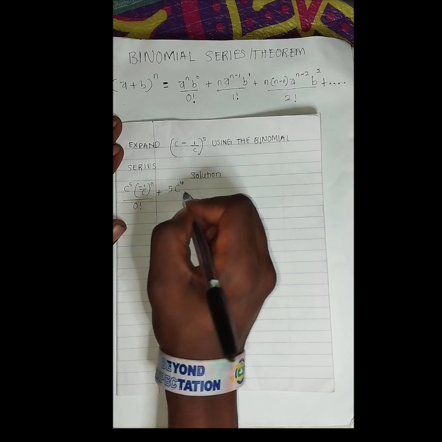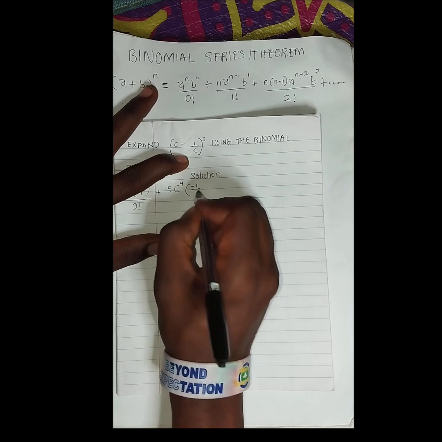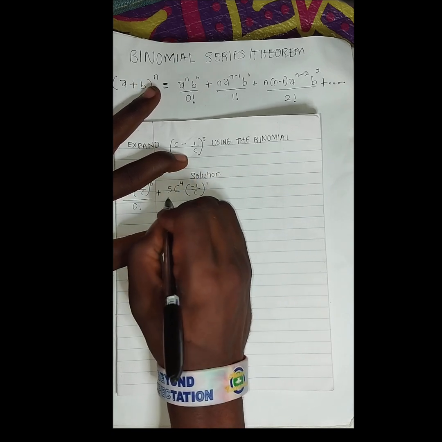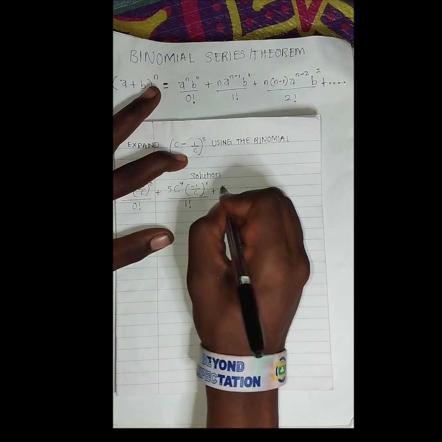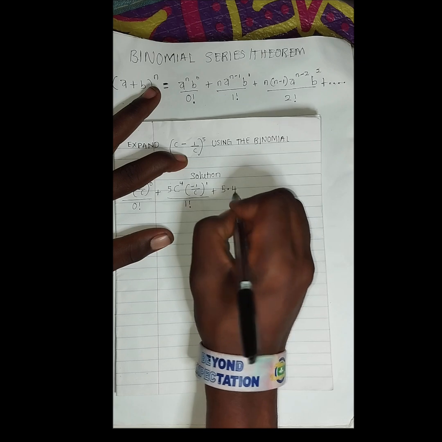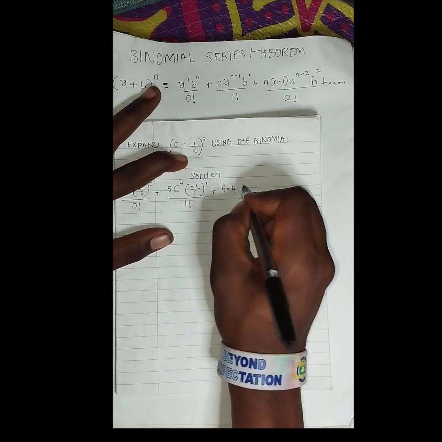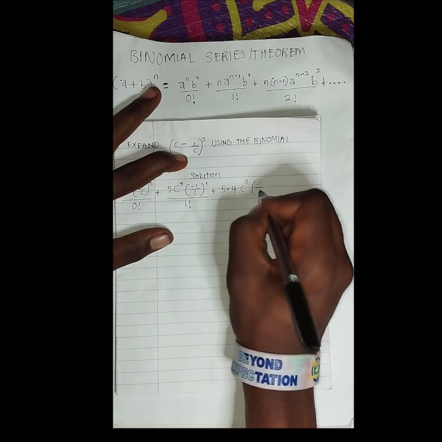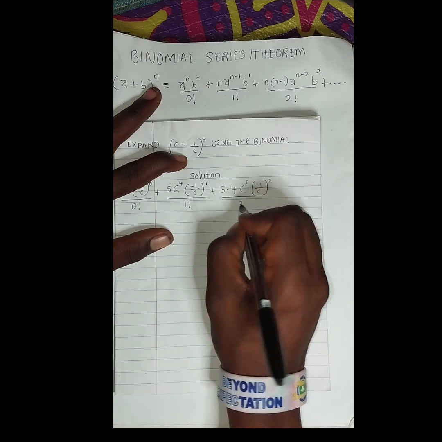Four. Can you say it? Minus 1 over c raised to the power of 1 this time over 1 factorial, plus 5 times 4. You know, our 4 will surely come to the back. So you have c raised to the power of 3, minus 1 over c squared, over 2 factorial.